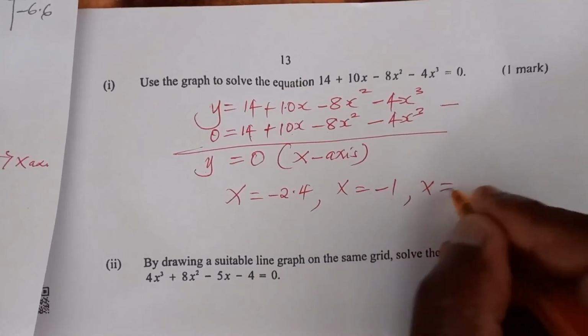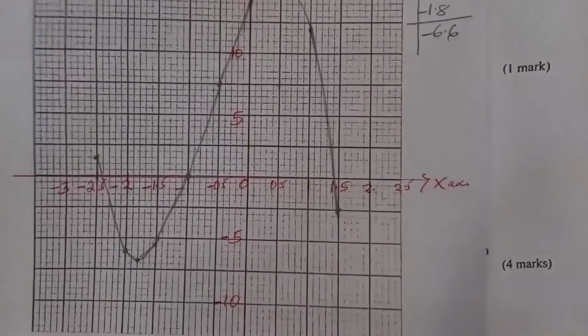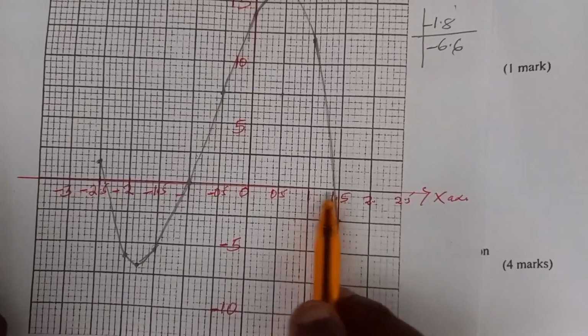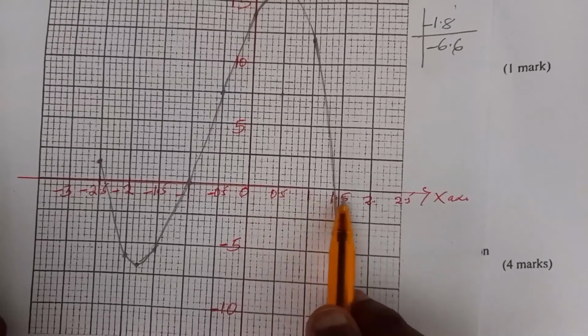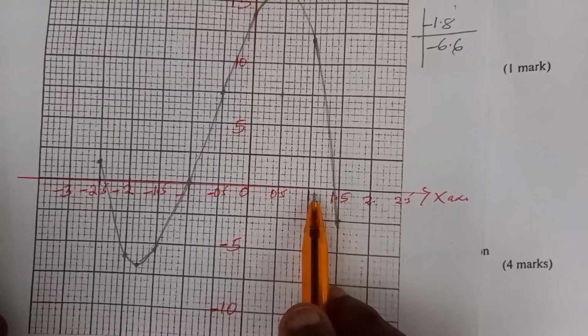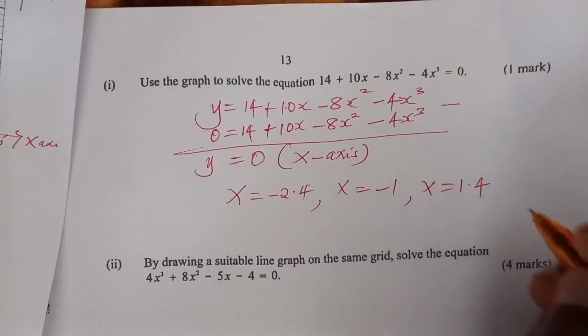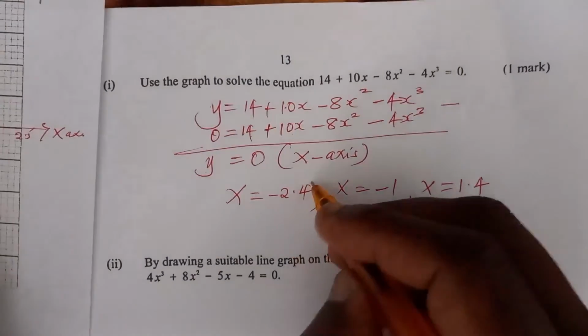And then there is still another one. So there is this one. This is a 1 point. Remember, the size of one small square is 0.1. So this is 1.1, 0.2, 0.3, 0.4. So this is 0.4, 1.4. So these are the solutions.